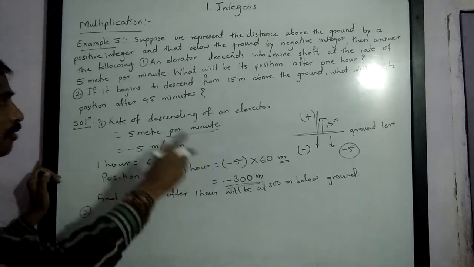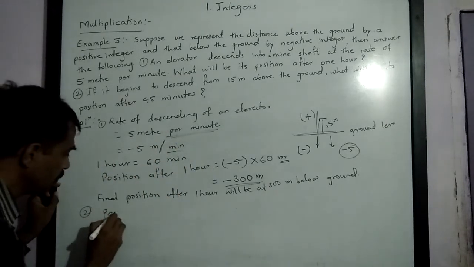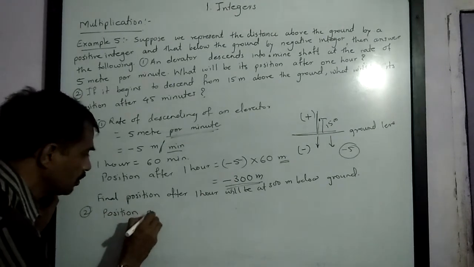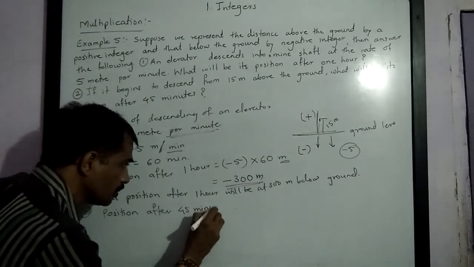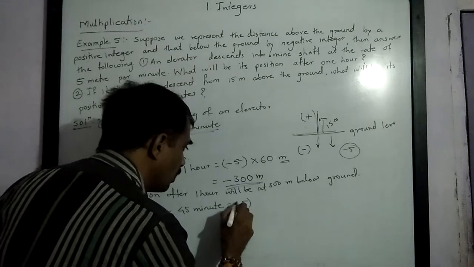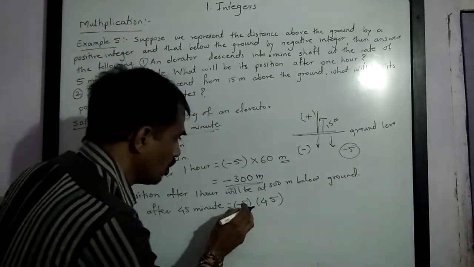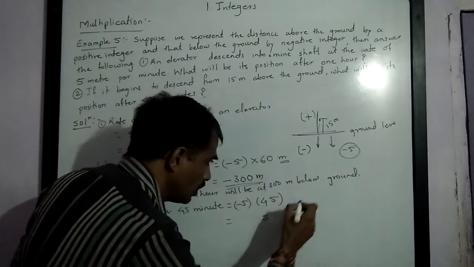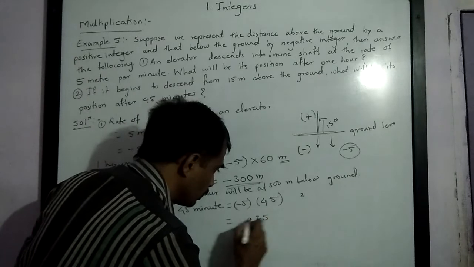So position after 45 minutes is equal to -5 multiplied by 45, that is equal to 5 5s are 25, 2 carries, 5 4s are 20, 20 plus 2 is 22.